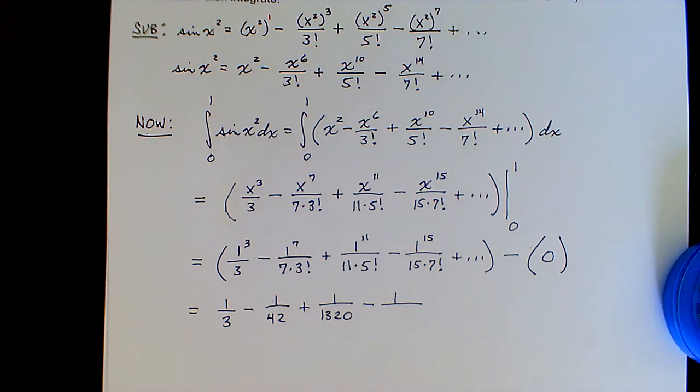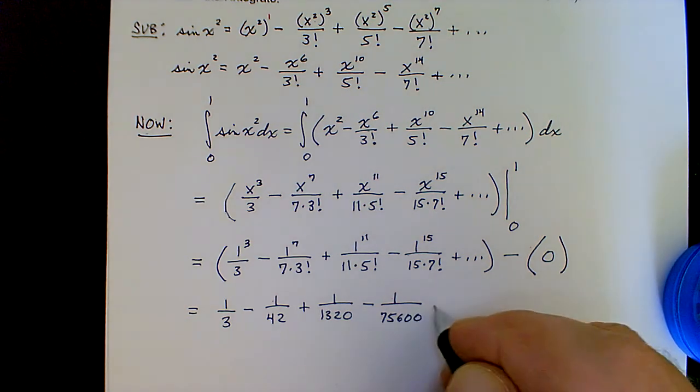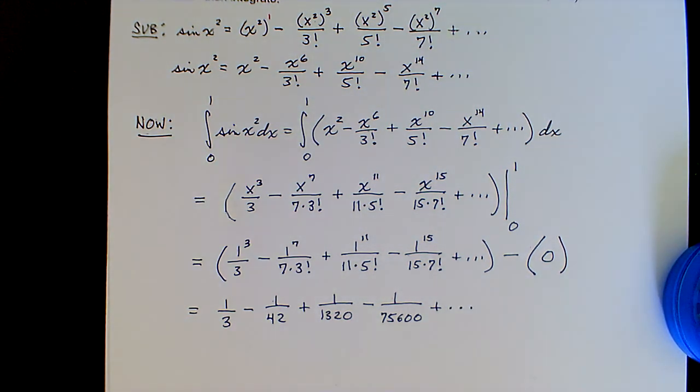I don't know why I doubt myself, but let me check. Yeah, 5,040 times 15 is 75,600. And if you wanted more terms, just add them on.